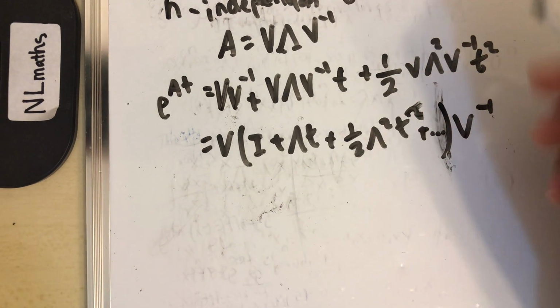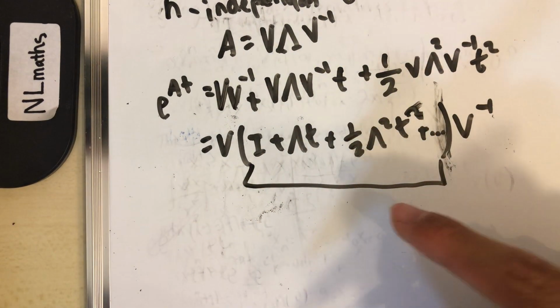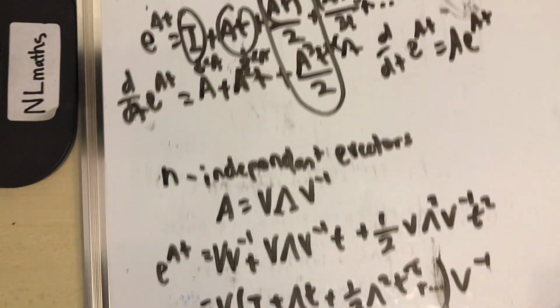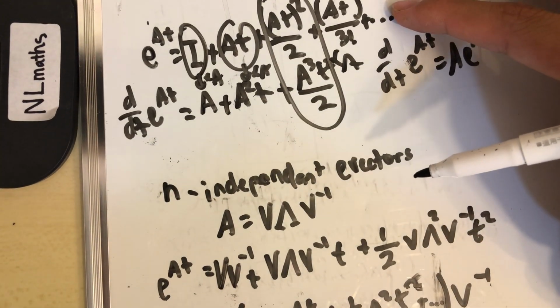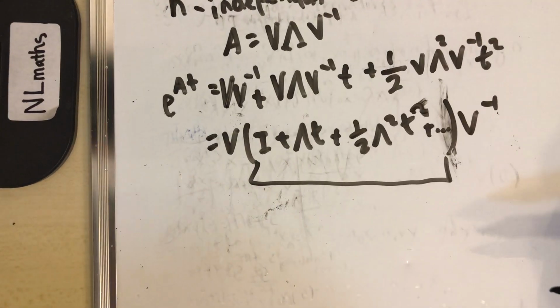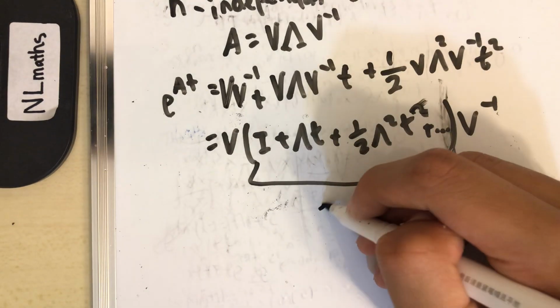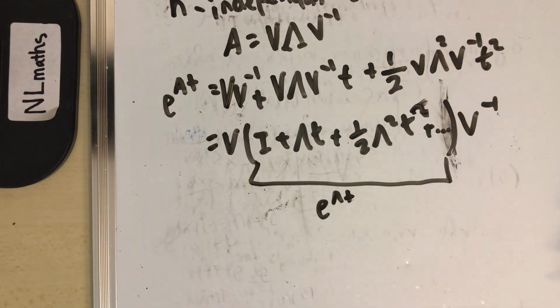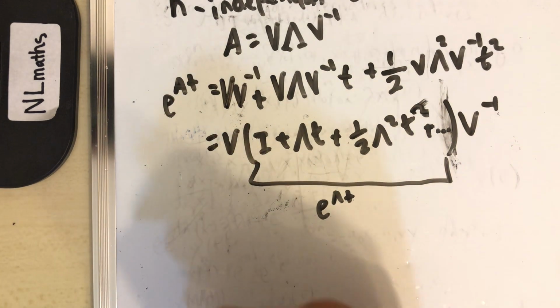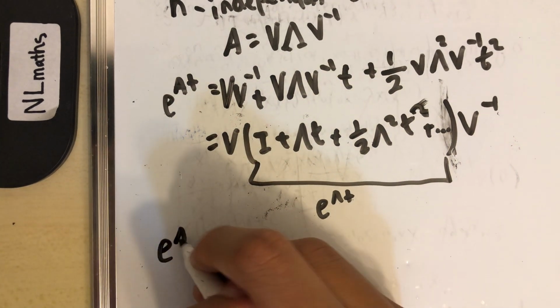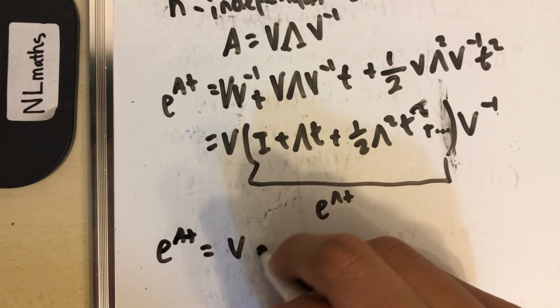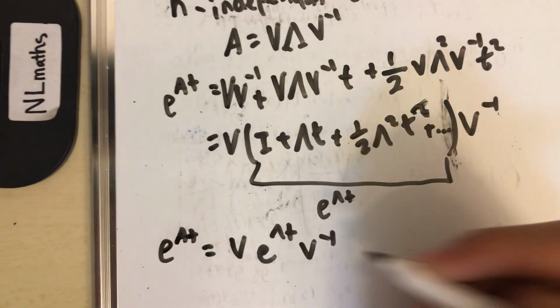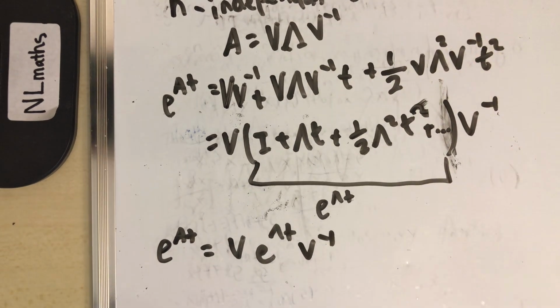And this whole thing is equal to, very similar to e to the At, but it's e to the lambda t instead. So we can write this as e to the lambda t. Therefore we get that e to the At is equal to V e to the lambda t times V inverse. So this is so much easier for us because we have a diagonal matrix.